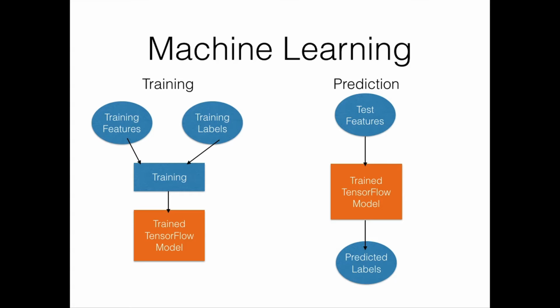So using this TensorFlow machine learning model, we can then run prediction. On the right side, you can see we have the test features as input. This is a different set of features than the previous training features. And we feed these into the trained TensorFlow model, and then it comes out with the predicted labels, as you can see on the right.